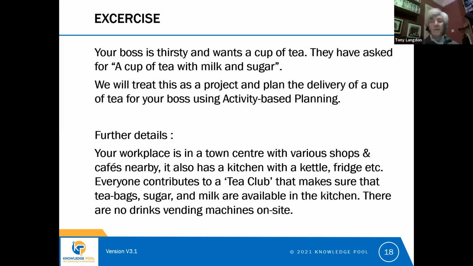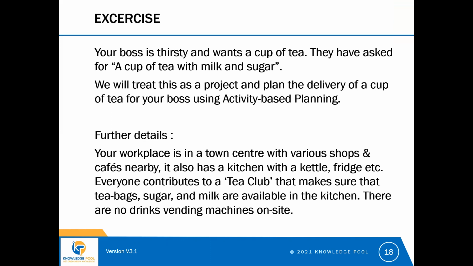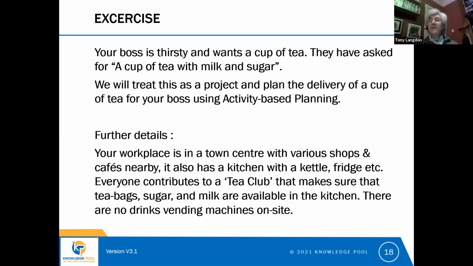So that's our scenario. And we plan this using the techniques that we've learned about today of identifying the major tasks and breaking those tasks down and assigning estimates to them, identifying the interdependencies between the tasks. So the first thing we need to do, and we mentioned this when we were talking about the project life cycle and also when we looked at project initiation in detail, is we decide on how the project is going to approach the task.